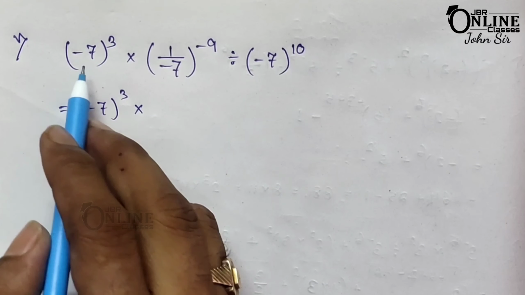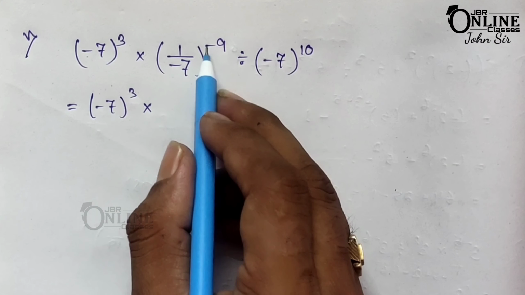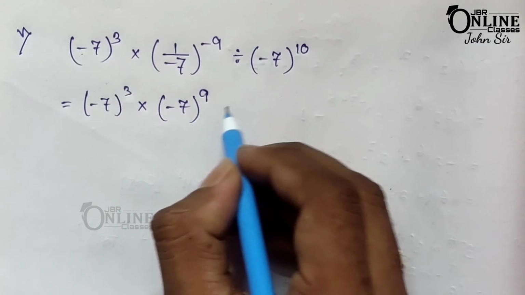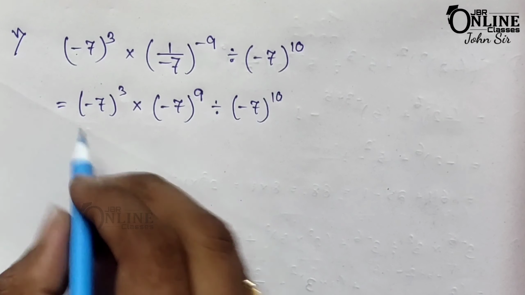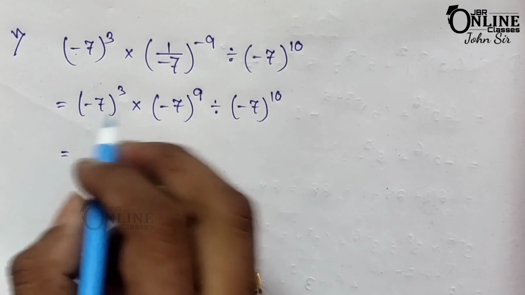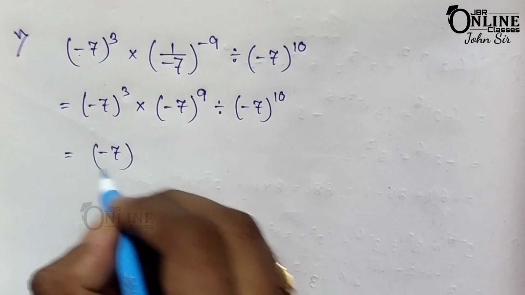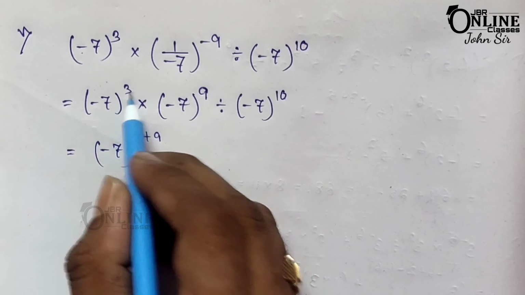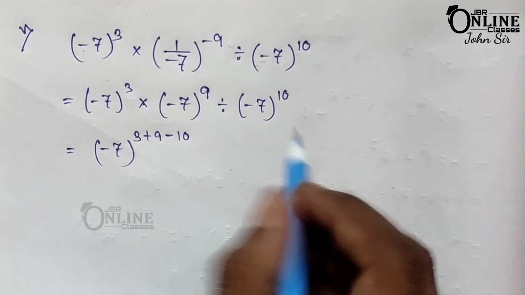Now sum number 5, here minus 7 whole to the power 3, and here 1 by minus 7 whole to the power minus 9, that means minus 7 whole to the power 9, and it's divided by minus 7 whole to the power 10. Okay, so here in these 3 numbers the base is equal to minus 7, so let's write down minus 7 one time, and as here is multiplication, first 3 plus 9, these two powers will be added, and as here is division, so here minus 10.